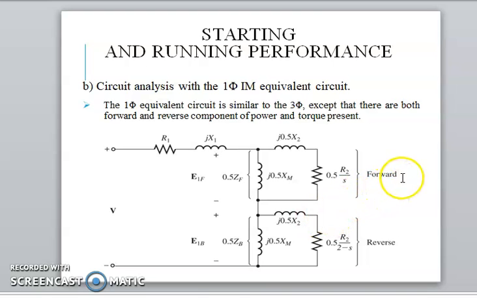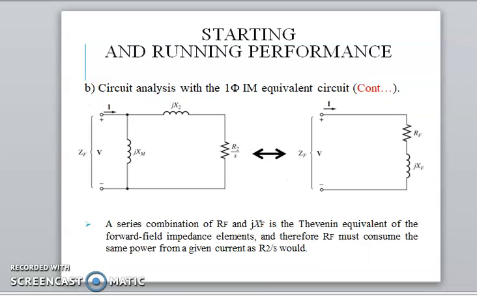When we calculate the current that flows through the stator input from the source, we have to include the forward and reverse effects in terms of the impedance as well. So we shall calculate the Thevenin equivalent impedance of the elements.